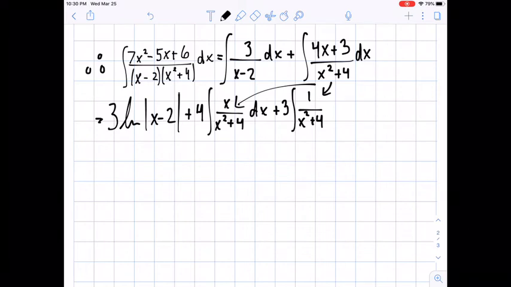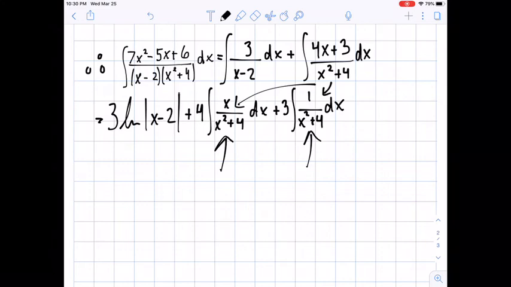So we have our two integrals. And this first one, we can do it with an easy sub, u equal to x squared plus 4. On the second one, we could do a trig sub, except that technically we've already looked at the rule for how this works out. It's going to be a variation on arctan.